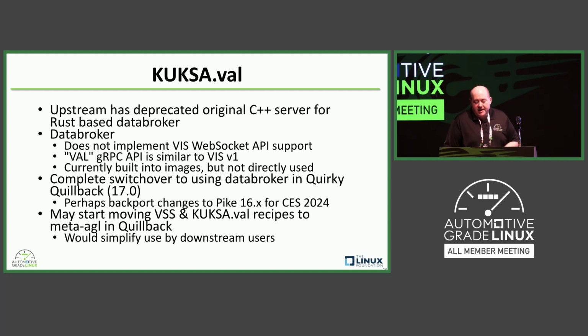The other thing we might do is start moving some of the recipes out of meta-AGL-demo to somewhere in meta-AGL, because, to get better adoption, it would be good if it wasn't completely tied to our demo builds. Then people who just want to take up meta-AGL core could get the KUKSA recipes and not need to start picking bits out of meta-AGL-demo.